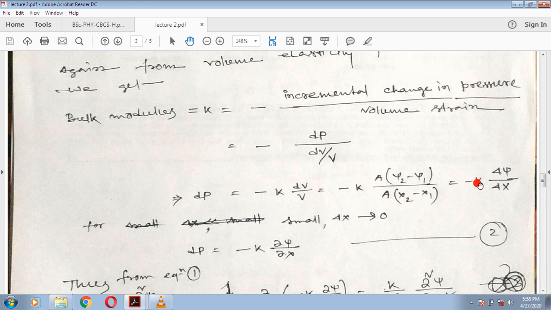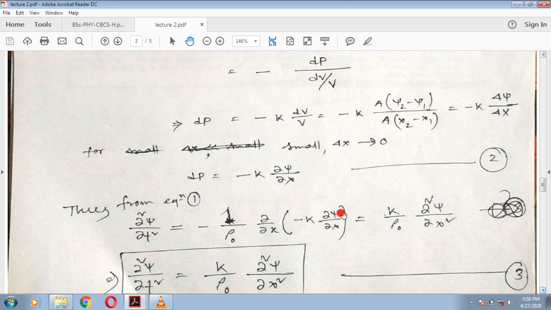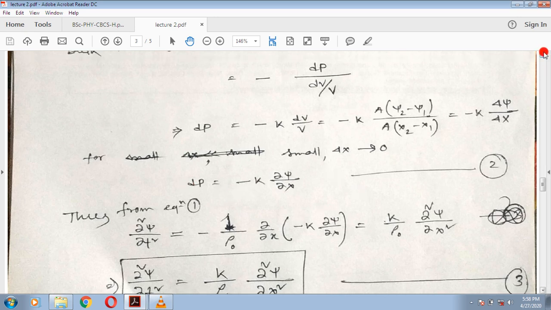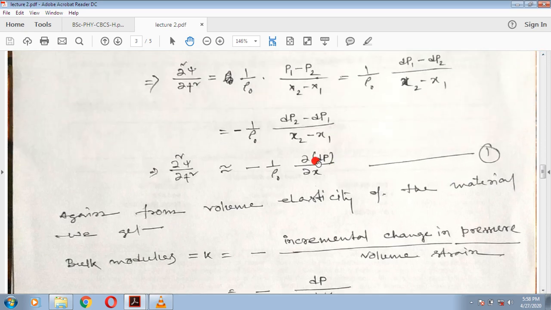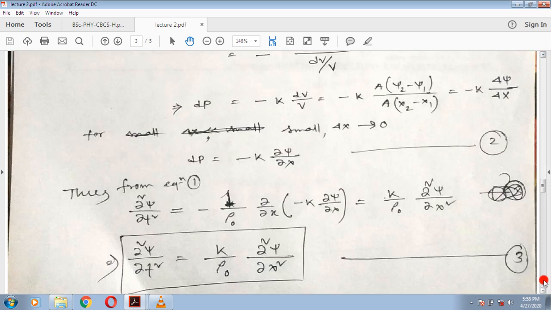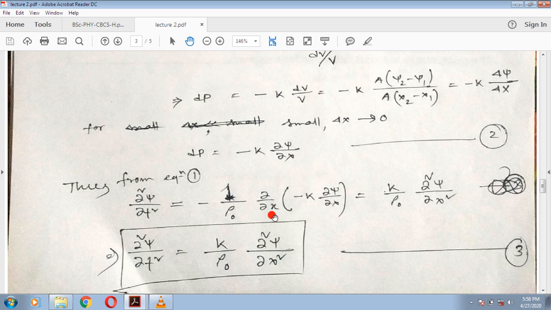So we have minus k del psi by del x. So for small delta x, we express the incremental change in pressure as equal to minus k del psi del x.